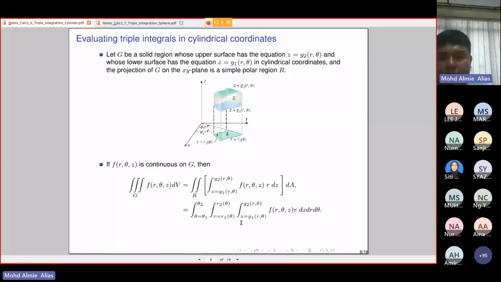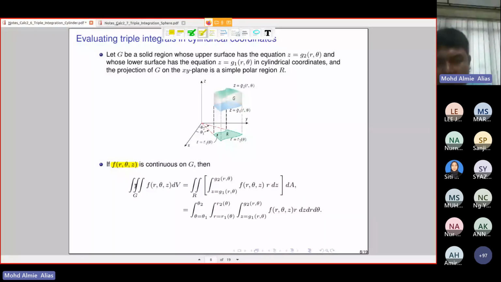Okay, so this is what we saw before in Cartesian or rectangular coordinates, in which you integrate a certain function f. Let's say you are given a function f, where f is a function of 3 variables, r, theta, and z.